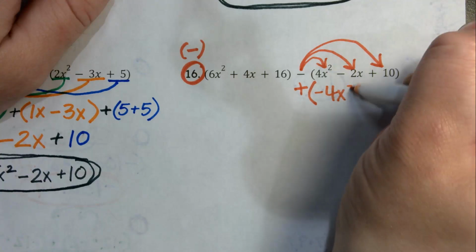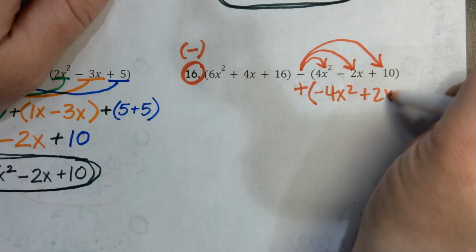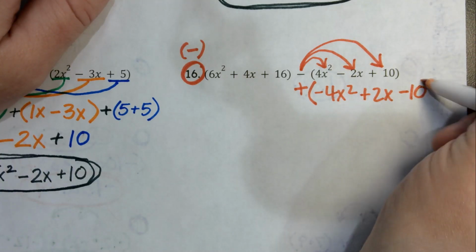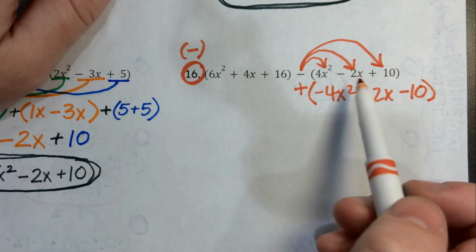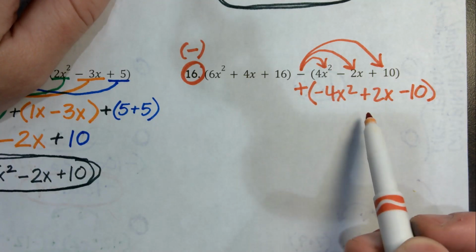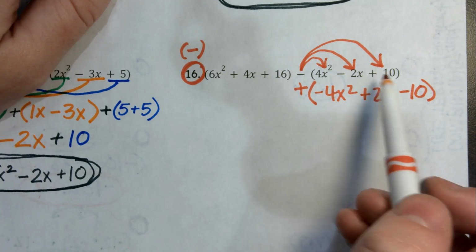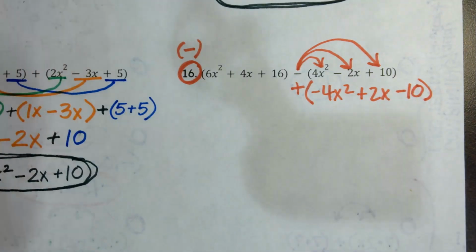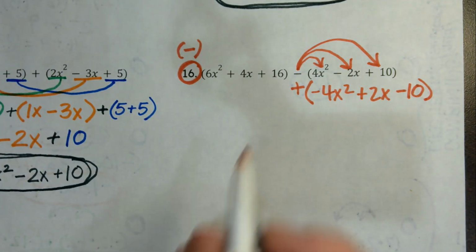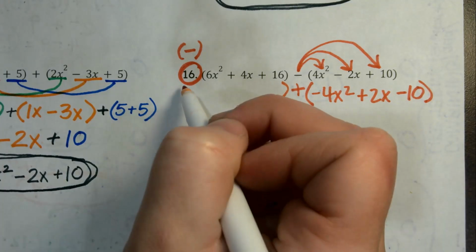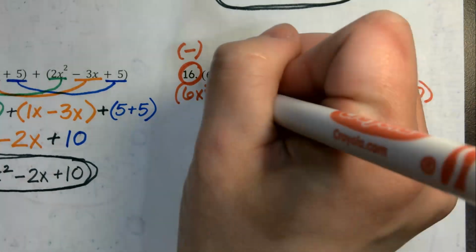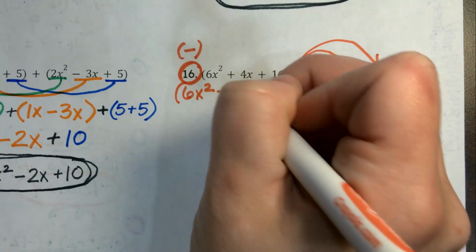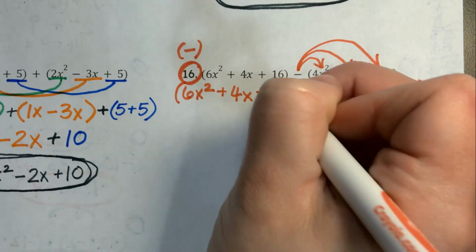Plus 2x. Good. Minus 10. Awesome. We changed positive 4x squared to negative. We changed negative 2x to positive. We changed positive 10 to negative. We just flip-flopped everything. And we're going to rewrite the first polynomial. 6x squared plus 4x plus 16.